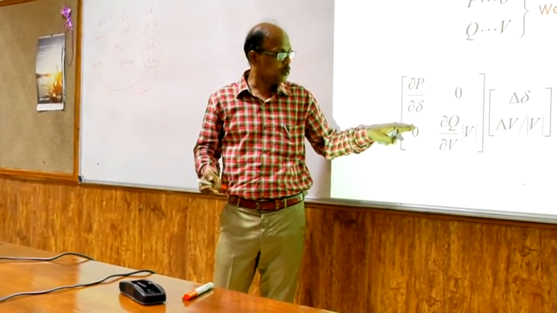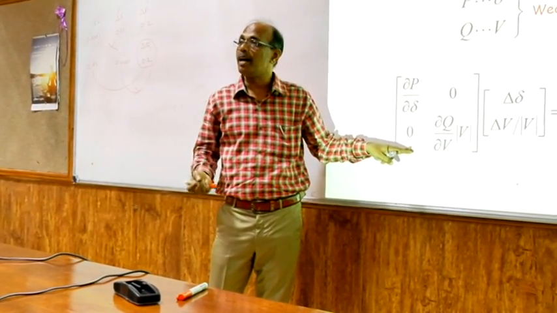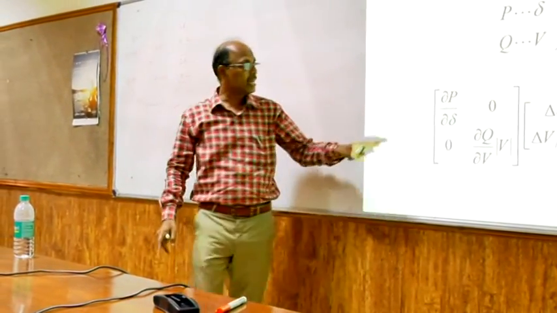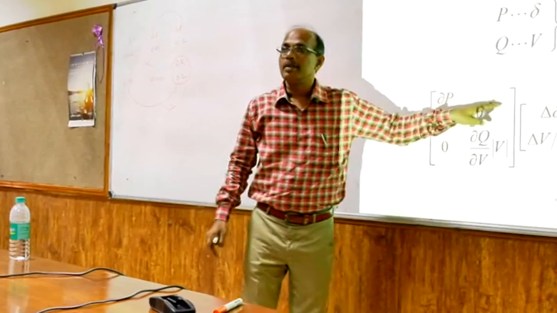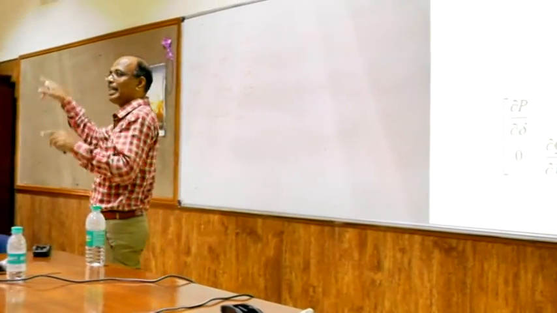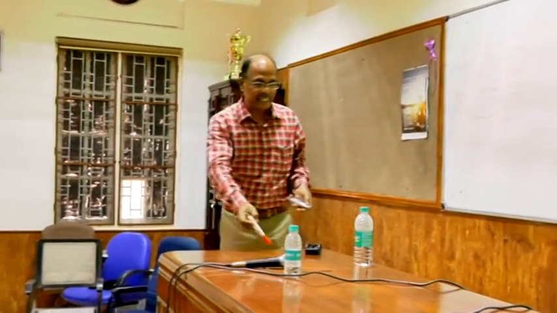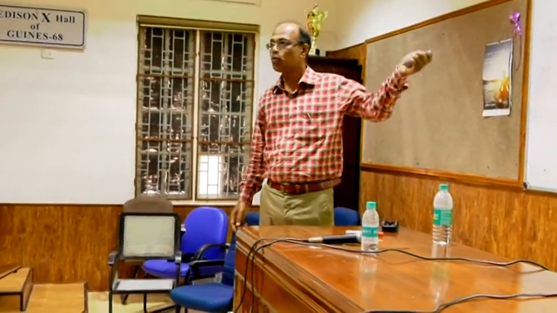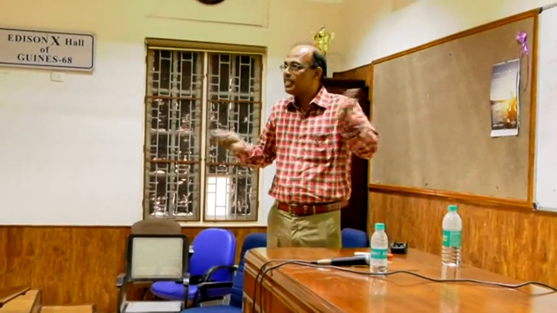Similarly, dou Q by dou delta is very small. It can be neglected because the values are very small. So neglecting these two, we can neglect the off-diagonal blocks. The equations can be split into two separate equations because we decoupled.